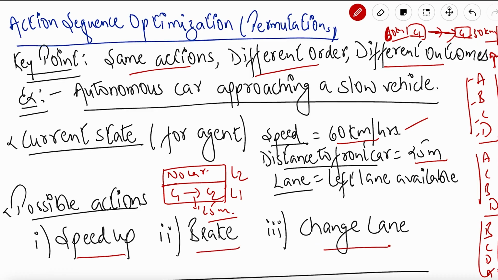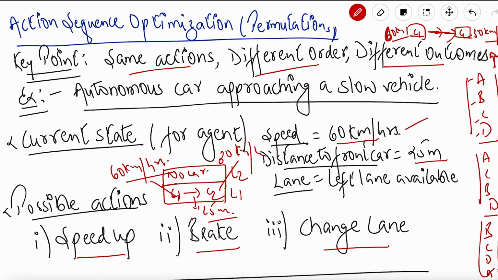Now for a moment, let's forget about the autonomous car, let's forget about machine learning. Let's say we are driving in this C1 car moving at 60 kilometers per hour. We see another car which is slow, let's say 20 or 30 kilometers per hour, and the distance is 25 meters. What are we going to do? Obviously the first choice, if we are very close, is to apply the brake.